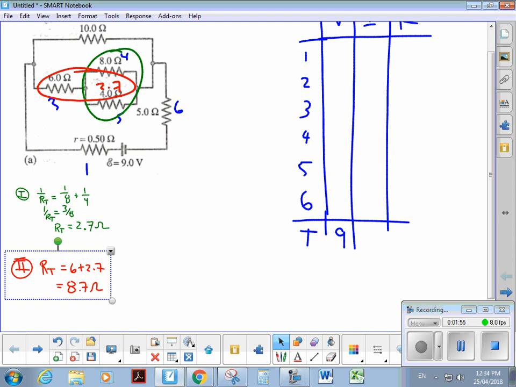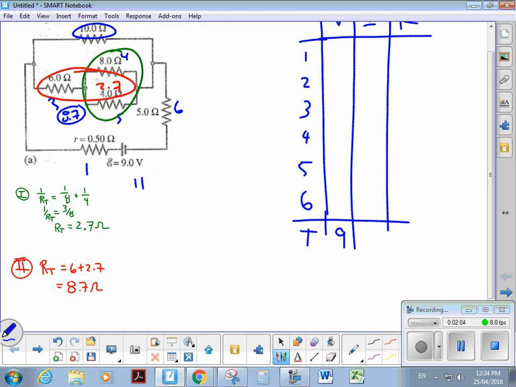All right, and let me make room here to stay on the same board. Now changing over to blue. I have 10 ohms, and on this other pathway I have 8.7. For stage 3, it's in parallel. So 1 over RT equals 1/10 plus 1 over 8.7.